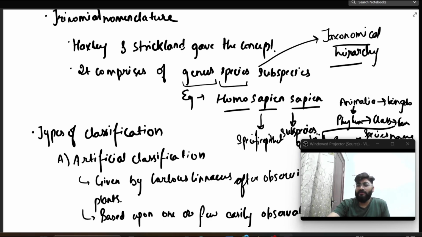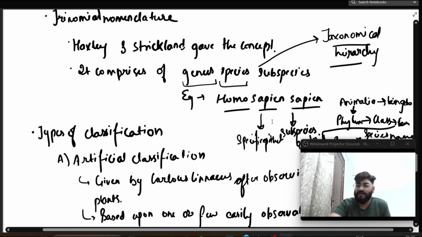So we can have the same name for the specific epithet and the subspecies, and that is perfectly fine. Also, as we have already talked about, humans come in the animal kingdom, which is dealt with by ICZN, so tautonyms are also accepted. It is not a problem that we have the same species name and subspecies name.